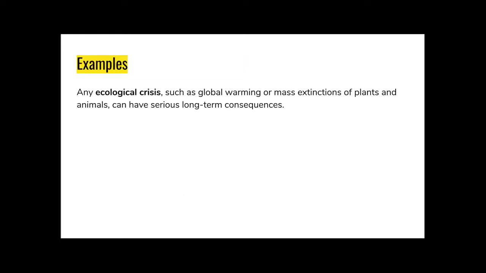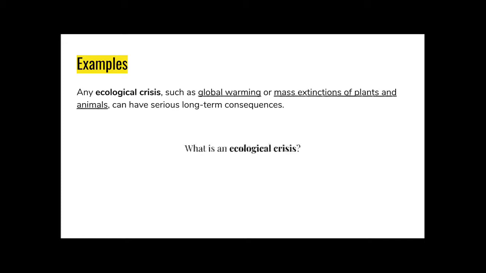Oftentimes, a passage will give us examples that we can use to help us determine the meaning of an unknown word or phrase. Any ecological crisis, such as global warming or mass extinctions of plants and animals, can have serious long-term consequences. So, in this example, we are going to look at examples within the passage to help us determine the meaning of ecological crisis.